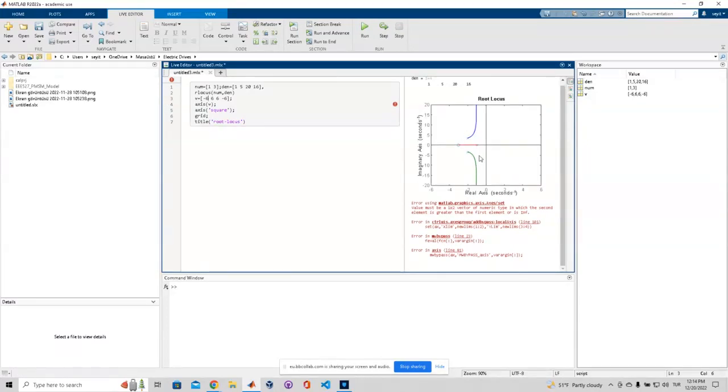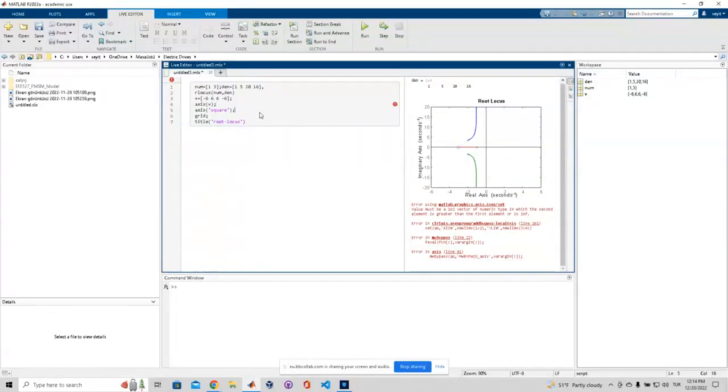Okay, this is your root locus, your poles and your zeros, as you can see in the diagram. And with the v-axis, you can scale your graph here, imaginary axis and real axis. And with title, you can write your root locus name here.